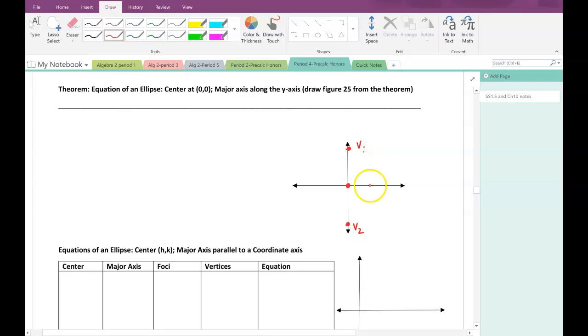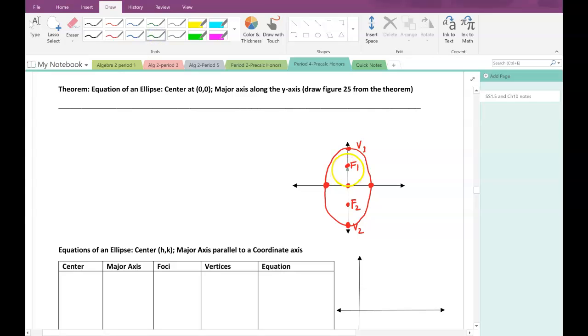Vertex 2, we will make the minor axis shorter. Let's draw this out. Okay, so very similar to the horizontal position earlier. Then if we know the vertices are on the y-axis, then we will have focus 1 here, focus number 2 here. Let's draw it out.